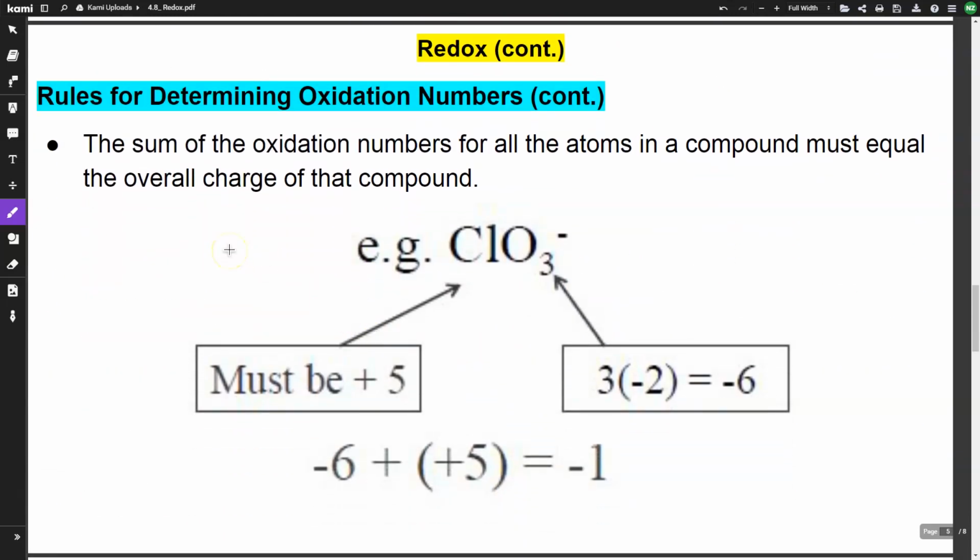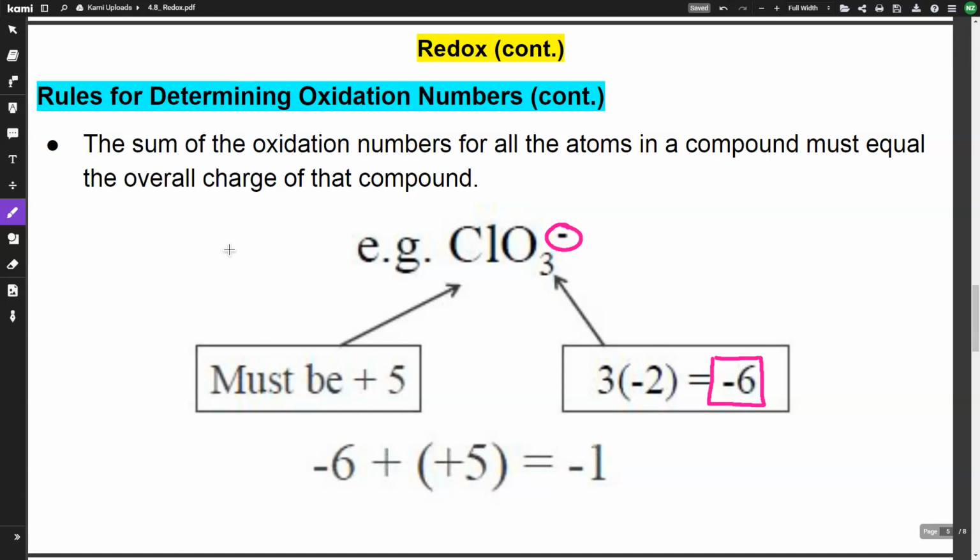Okay, here are some other ones. The sum of the oxidation numbers for all of the atoms in a compound must equal the overall charge of that compound. So in this example, ClO3, the charge is -1. We know that oxygen's oxidation number is always going to be -2, and there are 3 of them, so that's where we're getting -6 here.